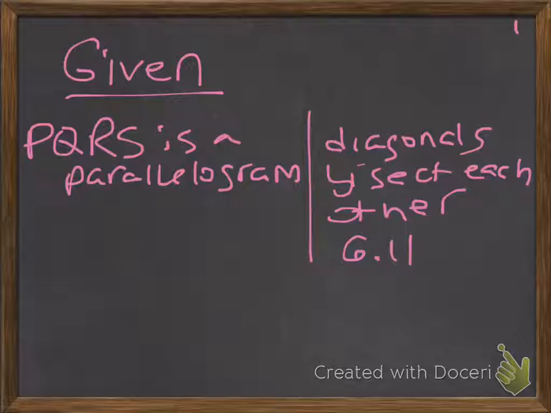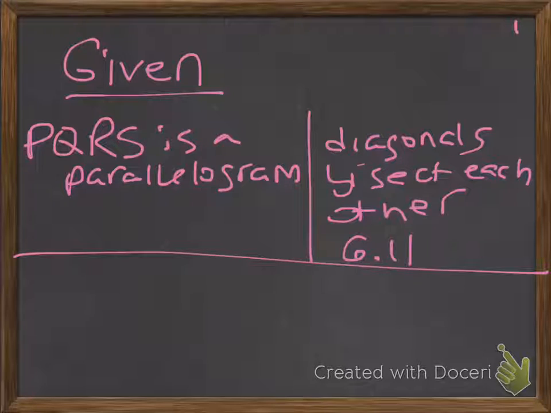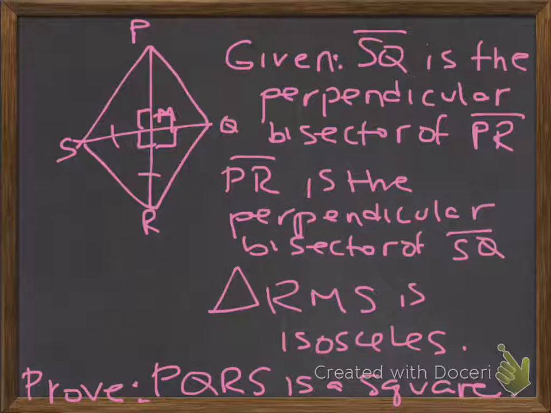That's 6.11. And then we have, if the diagonals are congruent, we know that PQRS is a rectangle. And we know that they're congruent because we know that two sides here are labeled as equal.